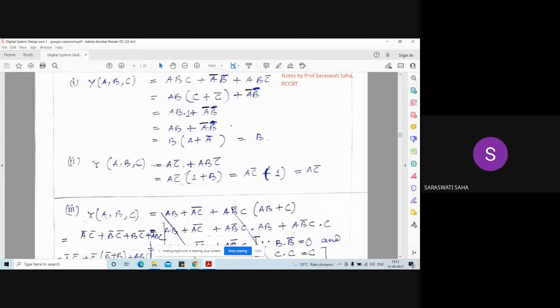There are two theorems known as De Morgan's theorem. We can reduce the Boolean expressions, but it is time taking. So there are other methods to solve or minimize the Boolean expressions. Boolean expression minimization is required to minimize the number of logic gates.